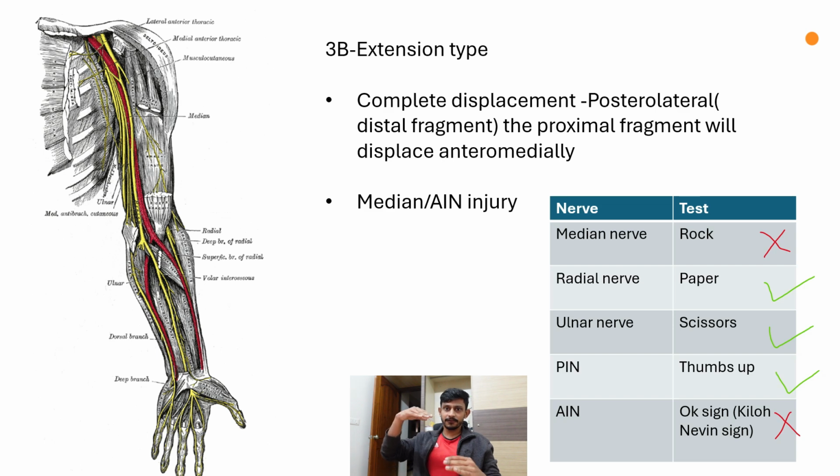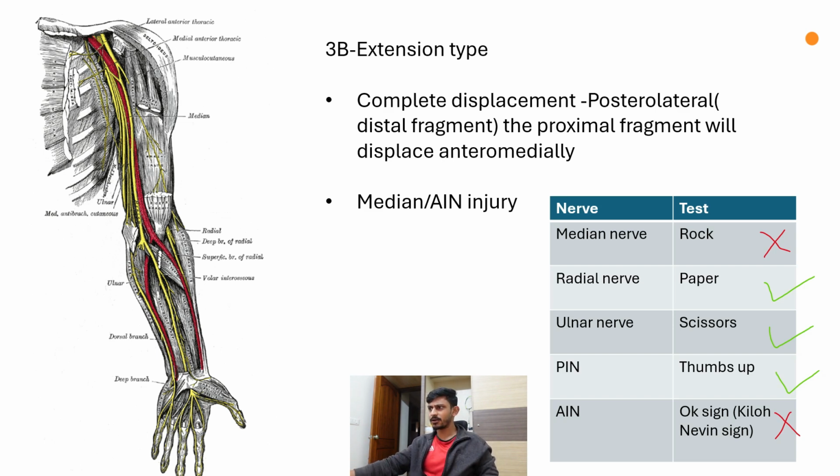So if the fragment pushes the muscles and the soft tissue over the anterior aspect of the humerus, it puts pressure on the brachial artery and the median nerve, but those are a little more superficial. So the deeper structure, which is the anterior interosseous nerve, gets caught in the mix, and this is the most commonly injured nerve in a supracondylar fracture of the humerus, the anterior interosseous nerve.